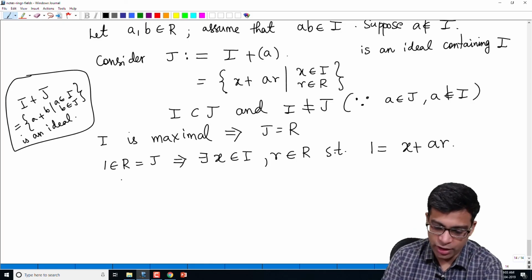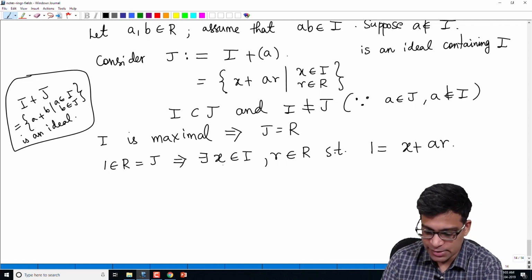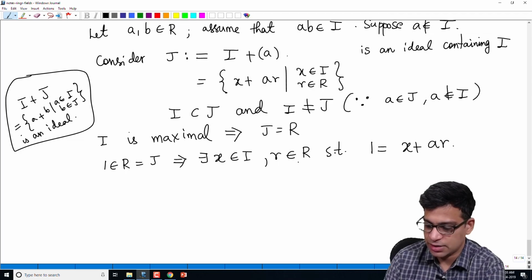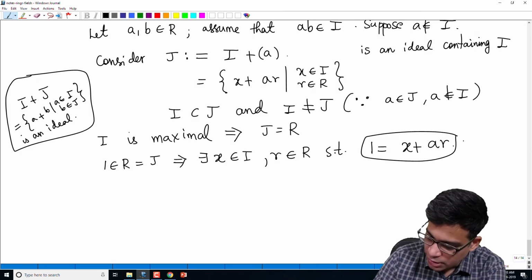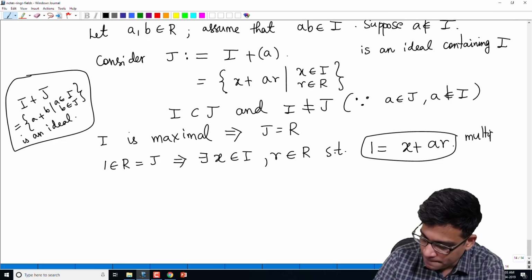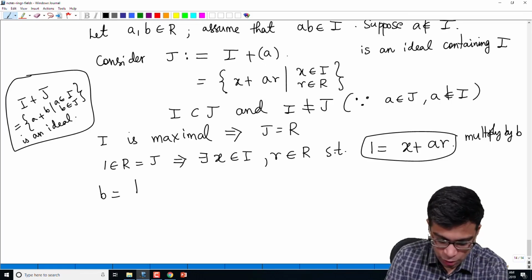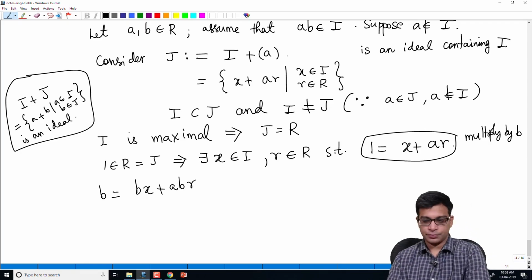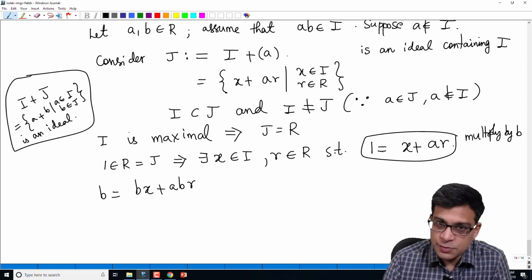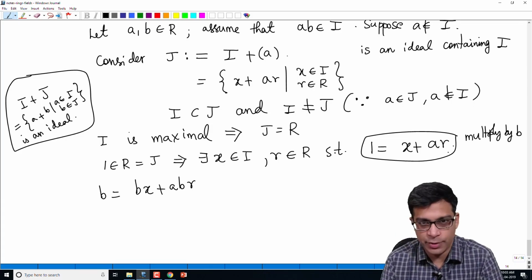We concluded that 1 is an element of R, hence 1 is an element of J. So there exist elements X and R such that X plus AR is equal to 1. But now let's look at this and multiply both sides by B. B is our other element. So we get B is equal to Bx plus ABR, right? B times 1 is B, Bx plus BAR. This is the distributivity of addition and multiplication.